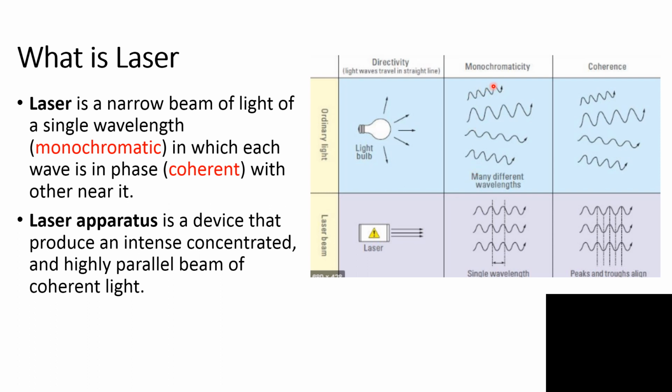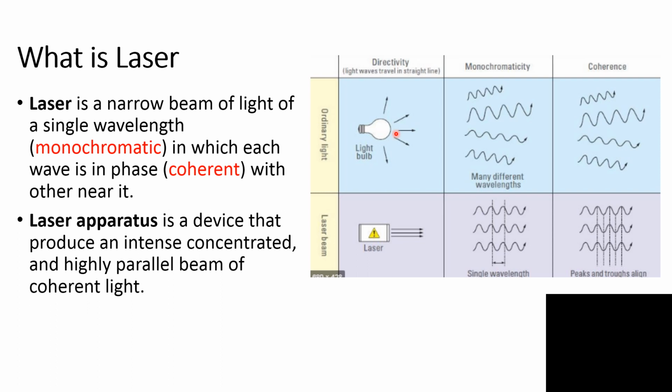In monochromaticity, what does it mean? It means that when a light comes out, it can be of any wavelength. When we get a light from the bulb, you may have done the experiment of prism in your ninth or eighth grade, because when you put a white light in front of a prism, then you get 7 colors.